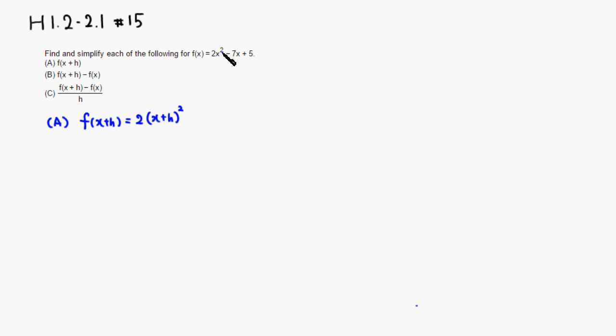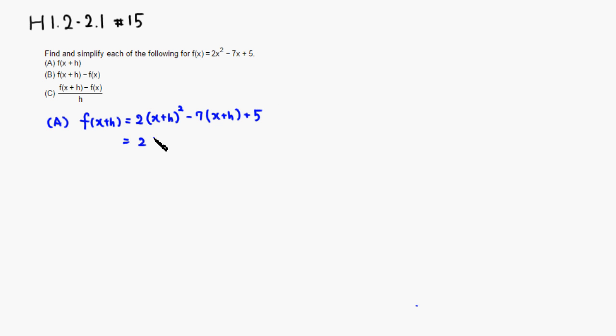You see that there's x squared, so we put quantity x plus h instead. And minus 7 times, I see x there, so we put x plus h. And then minus 5. Alright, so let's multiply out.